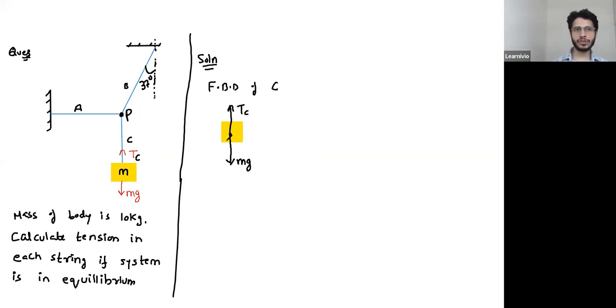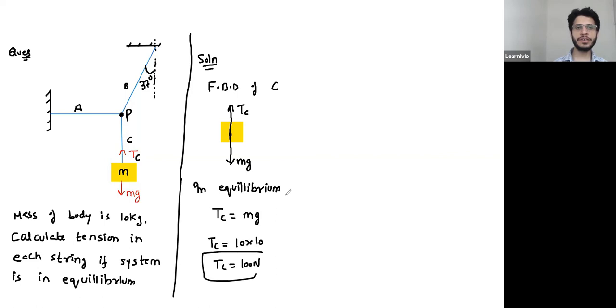If your system is in equilibrium, then tension in string C is equal to the weight of the body. Mass is 10 kg and g is 10 meter per second square. So tension in string C is 100 newtons.